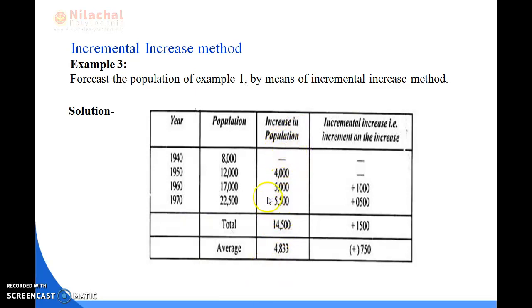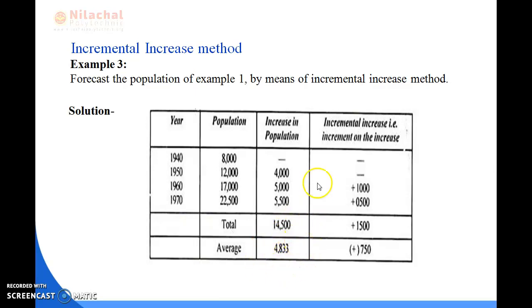After that we take the average. In total we got 14,500, and dividing 14,500 by 3 we get 4,833.